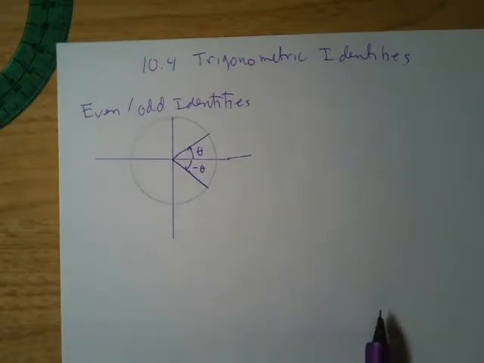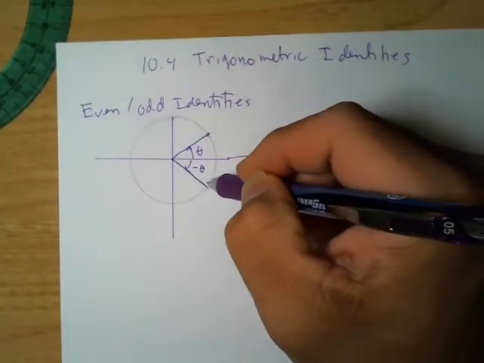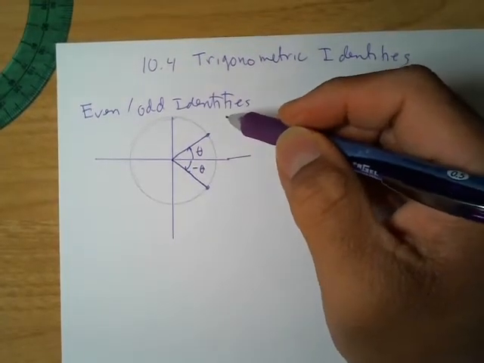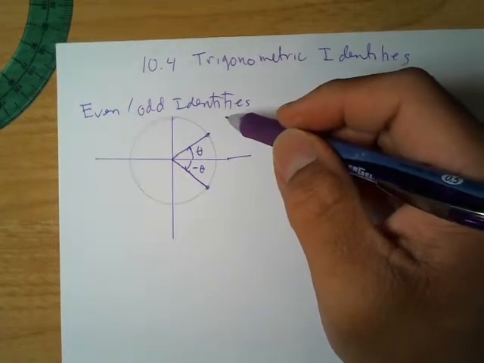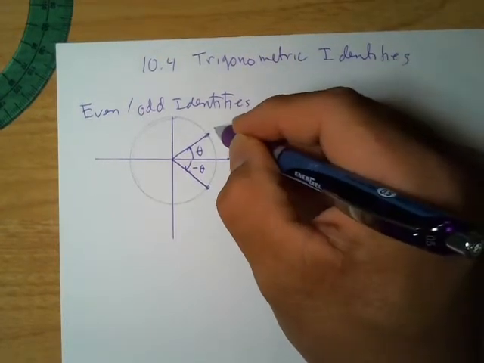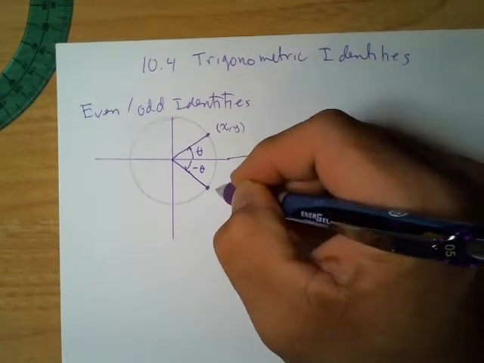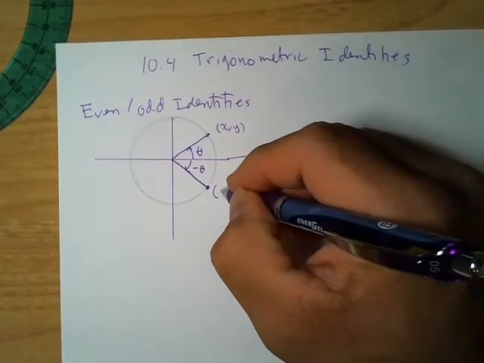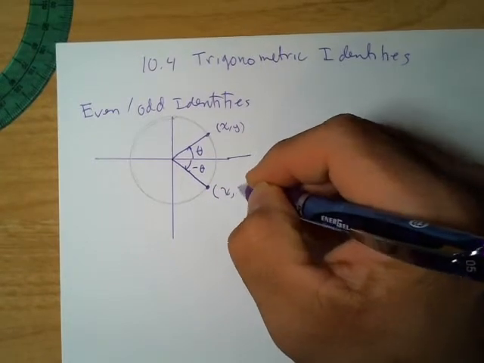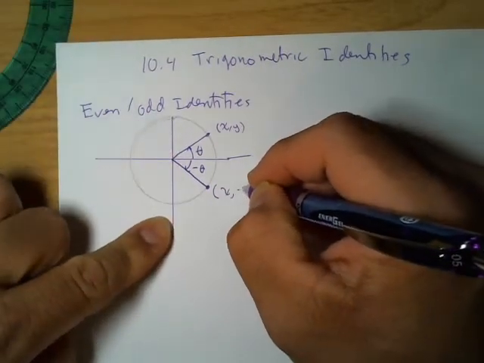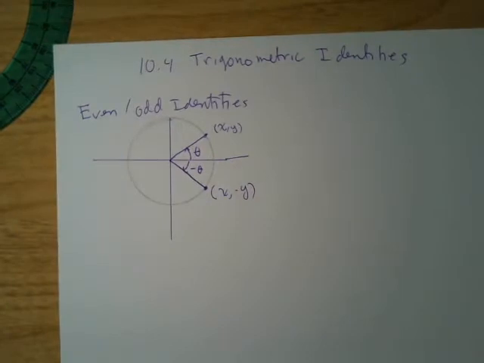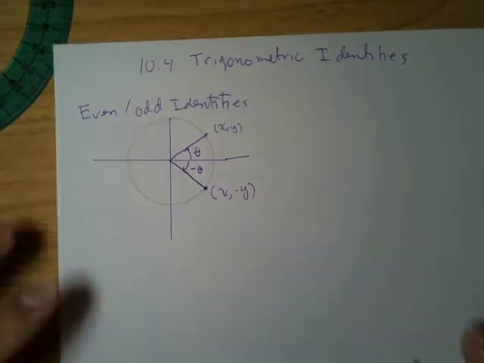Now, the nice thing about the circle equation and the unit circle is that it has some nice symmetry. If we think here of x, y, the symmetry here means that the x value is the same, but the y value is negated.